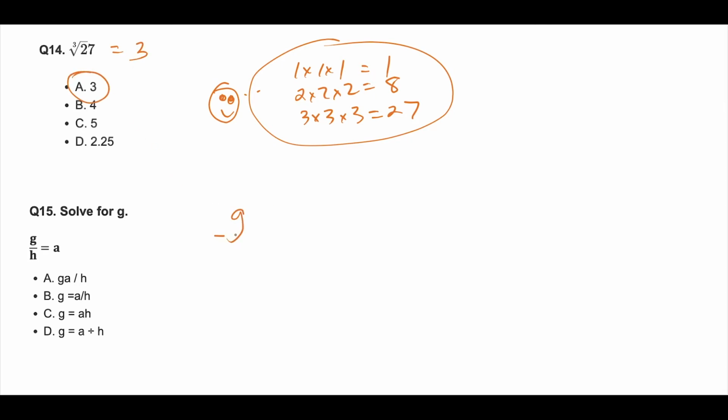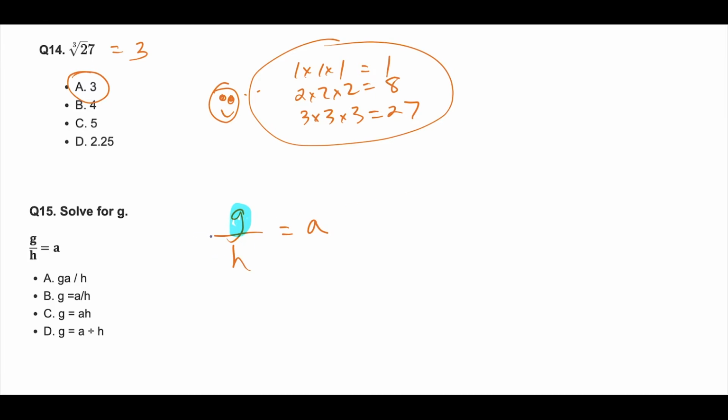Now for this one, these could be a bit tricky because we're solving an equation, but we have all variables. We are used to having just one variable and the rest numbers, but in this case we have 3 variables. So we're trying to solve for the variable g. All you have to think about here is what is attached to g and how could you get rid of it. So when we look at this, h is attached to g and it's attached by division.